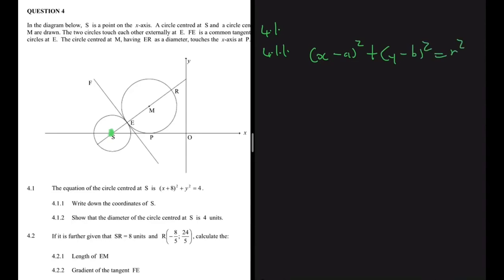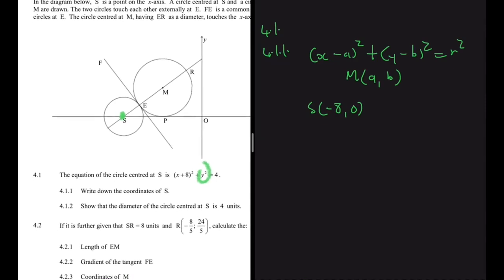And the point at the center of the circle will be given by (a, b). So for our circle centered at S, the coordinates of S will be given by (minus 8, 0). It just says y squared, so that will just give us 0. And this 8 will give us minus 8 based on this general formula we have, right?